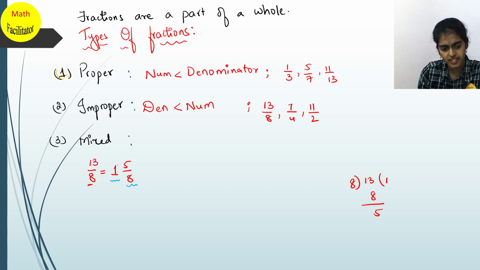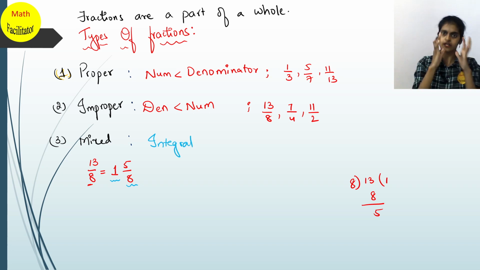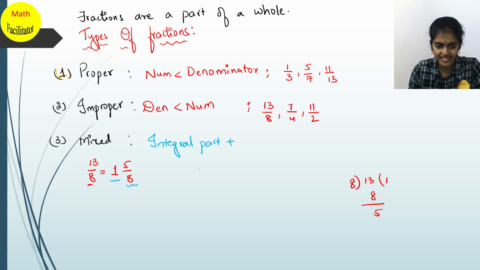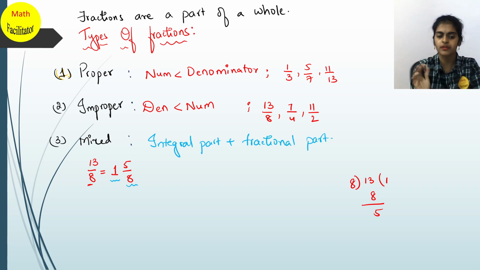The first part is an integral part. Integral part means it is a whole number. Now the second part, 5 by 8, is a fractional part. In simple words, these are the shortcut notes I am giving you.